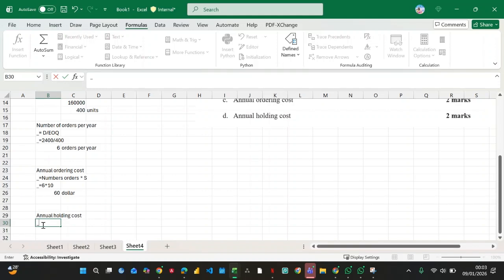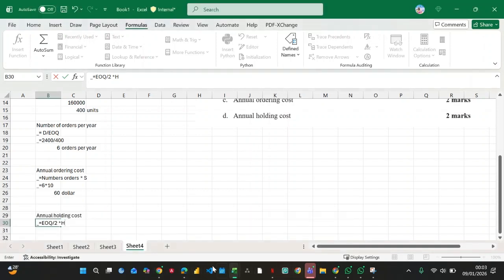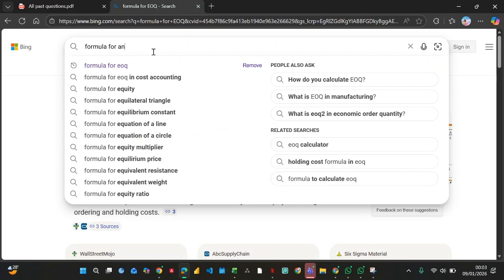In place of S, that should be H. It's supposed to be EOQ divided by 2 times H. Do you understand? That is the annual holding cost.